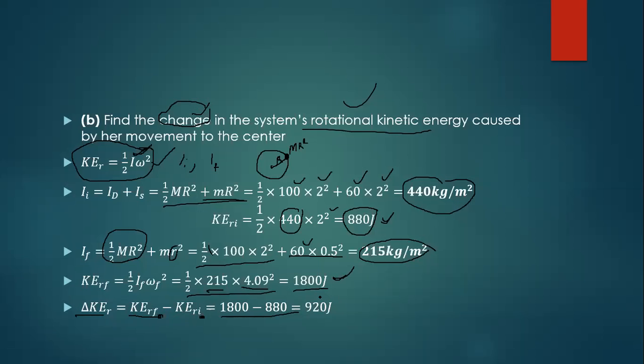We get this as the change in kinetic energy. So kinetic energy was not conserved, because there's a change. If kinetic energy was conserved, we would have found a 0 here, because it would have been kinetic energy final minus kinetic energy initial.